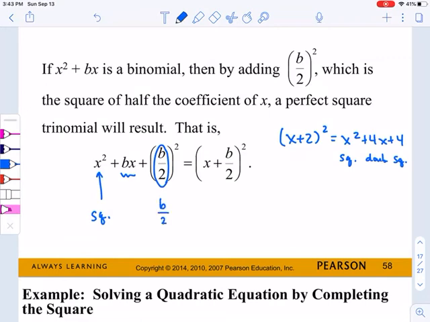If I double that, the times 2 and the divide by 2 cancel, and that's where we end up with that b. So we have a square, we have the double, and then this piece would also be a square. The way to complete the square is to figure out what we would have to add in order to make this a perfect square trinomial.